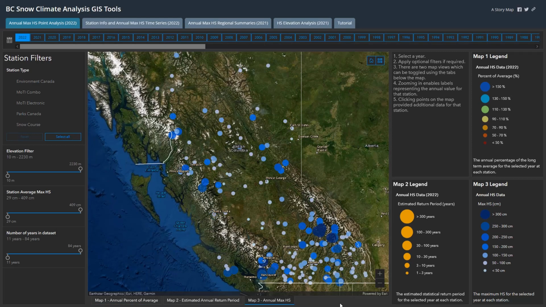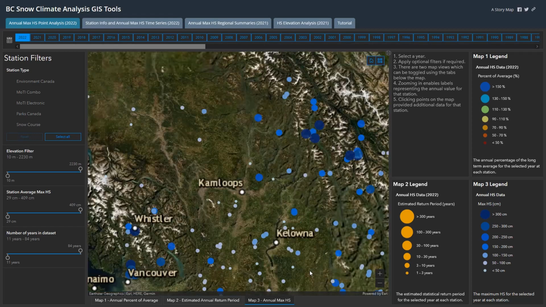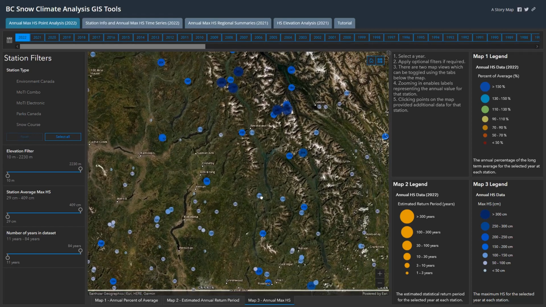This is the actual height of snow data. You can see in the map 3 legend the distribution of the different colors, from less than 50 centimeters to greater than 300 centimeters. The original version of this didn't have this, but I thought it was useful to look at the real data. I should also mention this is the 2022 data.